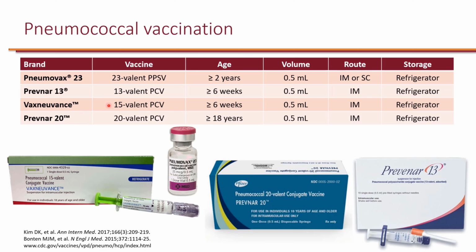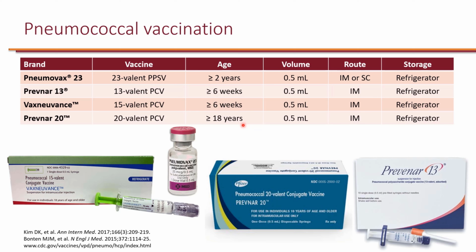So Vaxneuvance is a 15-valent PCV, and Prevnar 20, as the name suggests, is a 20-valent PCV. Of note, when both of these came to the market, they were initially approved for ages 18 years or older. Most recently, Vaxneuvance got approval for ages 6 weeks and older.